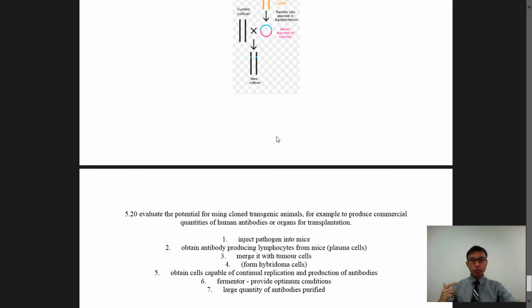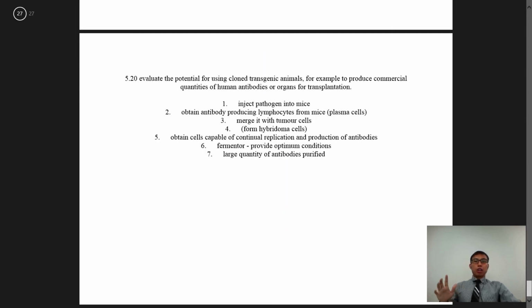Now, for the last point, for some reason a lot of schools will usually miss this out. So here, evaluate the potential for using cloned transgenic animals or cells to produce human antibodies or organs for transplantation. So how would this work?